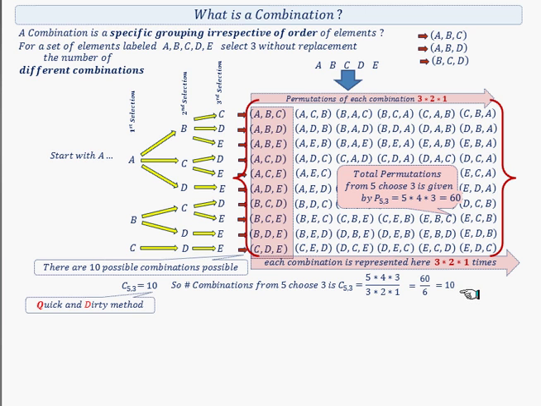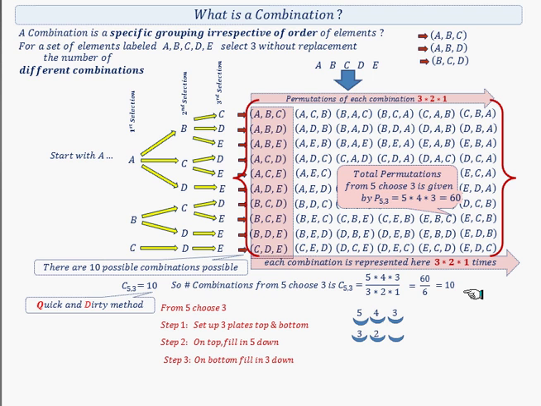And the so-called quick and dirty method: we simply put 3 plates top and bottom, put 5, 4, 3 on top, 3, 2, 1 on the bottom, multiply and divide, giving us the total. Now we're going to look at factorial notation. C of 12, choose 4. Watch closely now.